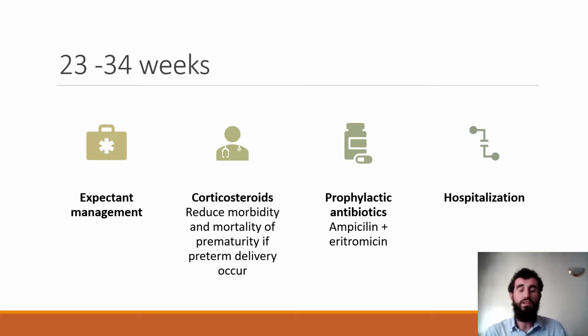So, what are the ideas of the corticosteroids? The corticosteroids will reduce the morbidity and mortality of prematurity if preterm delivery occurs. It takes around 2 days to make a correct action. For the prophylactic antibiotics, the recommendations are ampicillin and erythromycin.